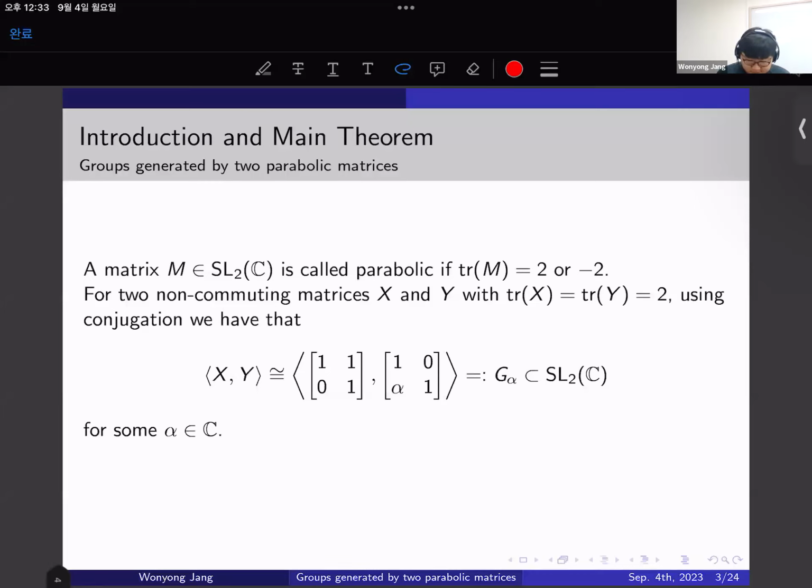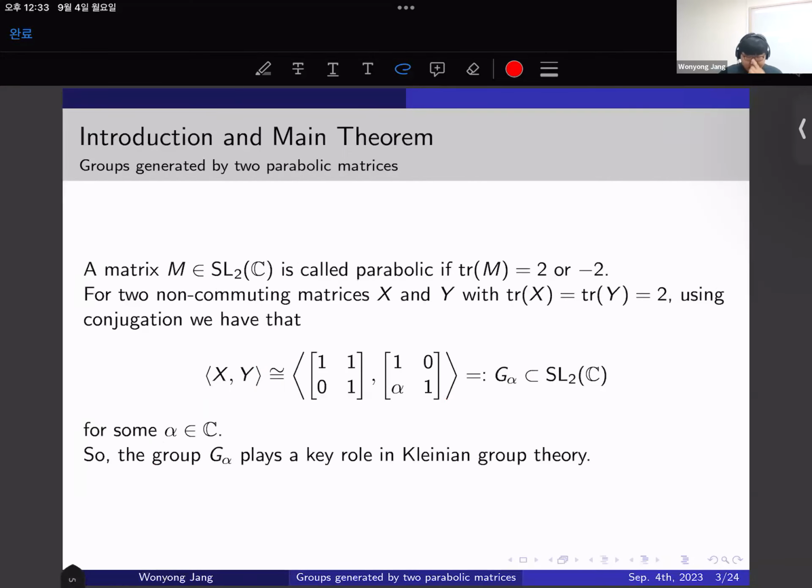Then we can use conjugation to show that the group generated by the two matrices is isomorphic to the group generated by the two following specific matrices, (1, 1, 0, 1) and (1, 0, alpha, 1), for some complex number alpha. We denote this subgroup by G alpha.